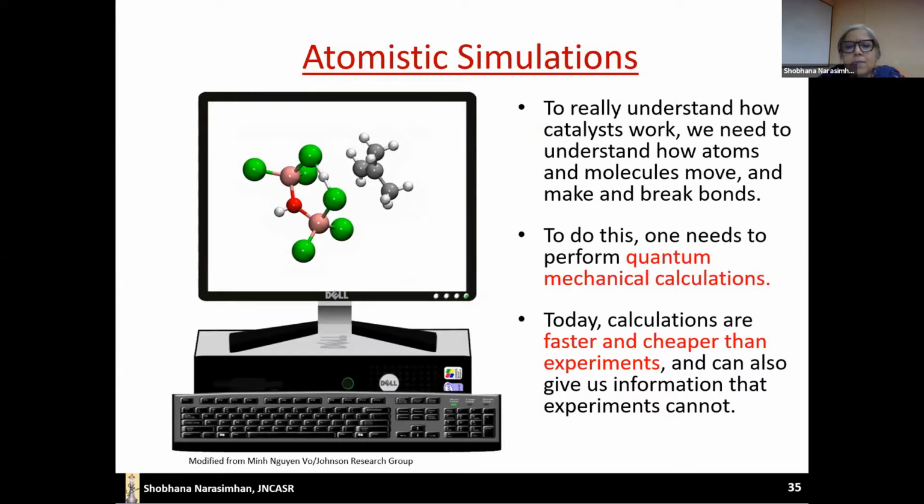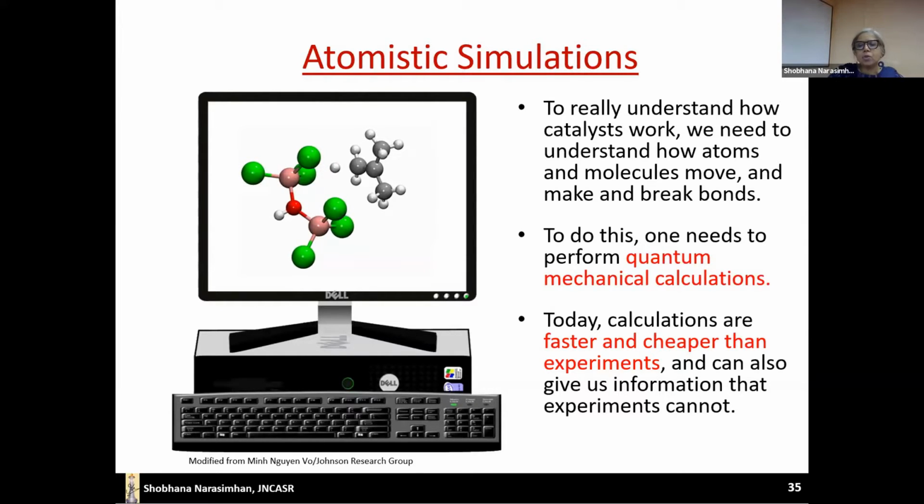Atomistic simulations of the kind that I do. To really understand how catalysts work, we need to understand how atoms and molecules move and how they make and break bonds. And to do this, you need to perform quantum mechanical calculations. And today, calculations are faster and cheaper than experiments. And they can also sometimes give us information that experiments cannot.